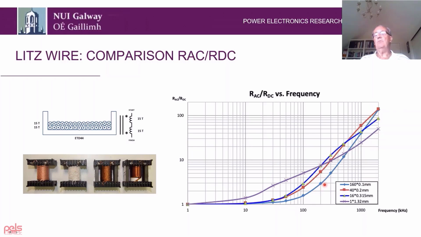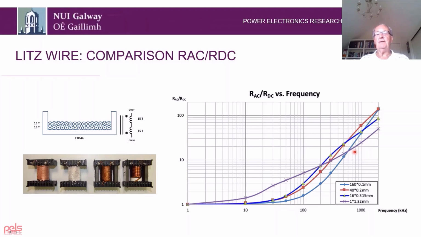But now let's go to the other extreme. Here we have our 160 strand Litz wire, where each strand is actually 0.1 of a millimeter. And you can see even at 100 kilohertz, we've got several factors less AC resistance than our solid conductor. But as we go up in frequency, when we get to about 600-700 kilohertz, can you see that the 160 strand 0.1 millimeter Litz wire now has an AC resistance greater than the skin effect in our solid conductor.